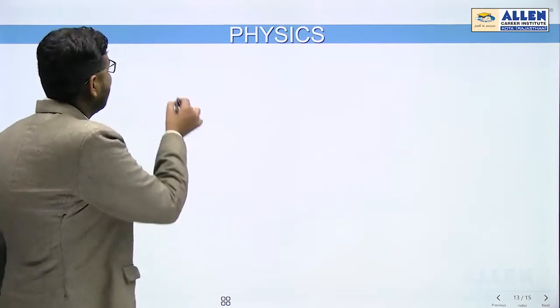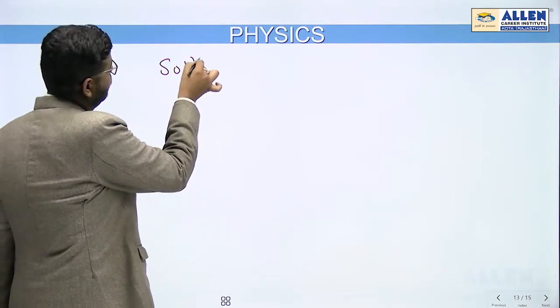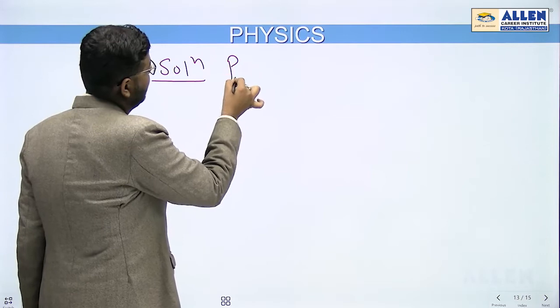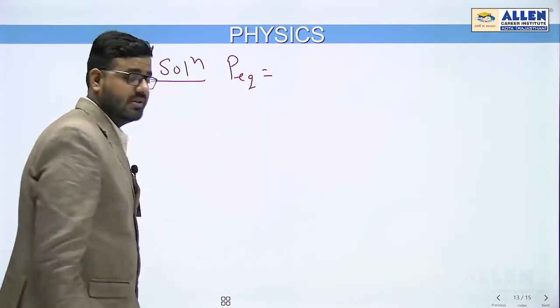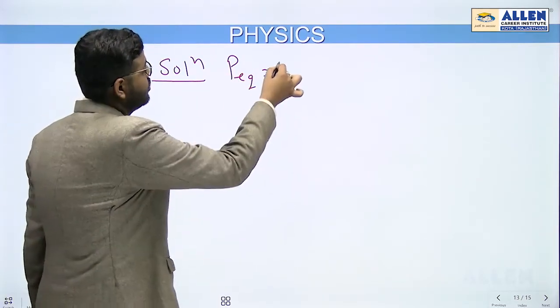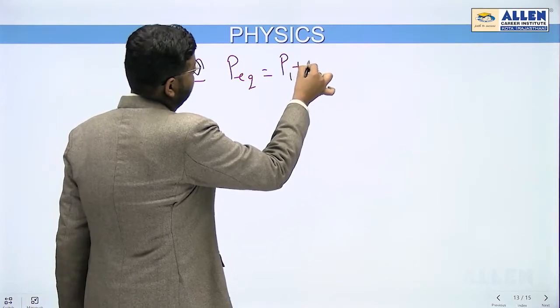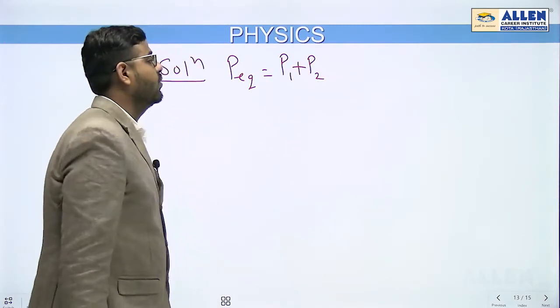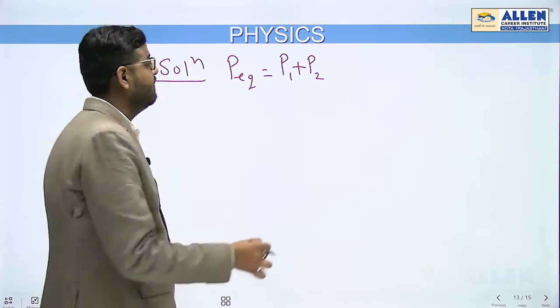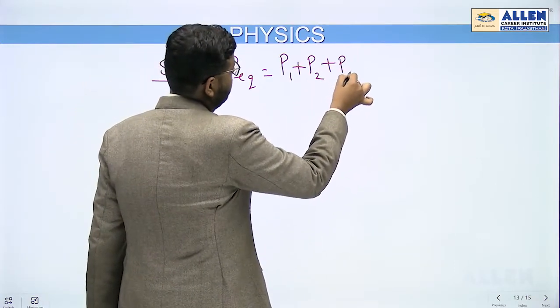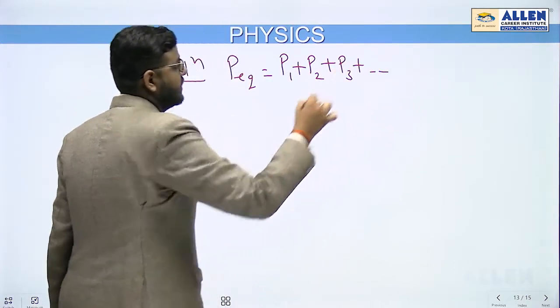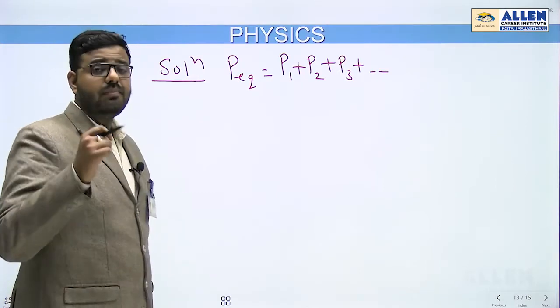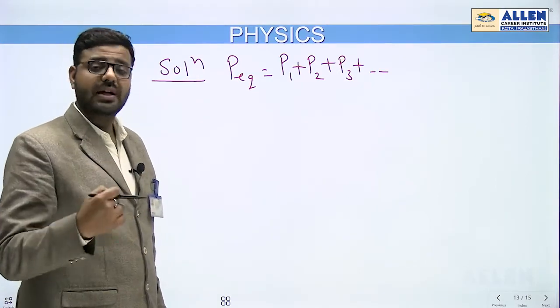So let us first calculate the total power or equivalent power for these devices which are connected in parallel. So the formula for finding the equivalent power or total power when the devices are connected in parallel is P1 plus P2 plus P3, that is the sum of the individual powers of the devices.